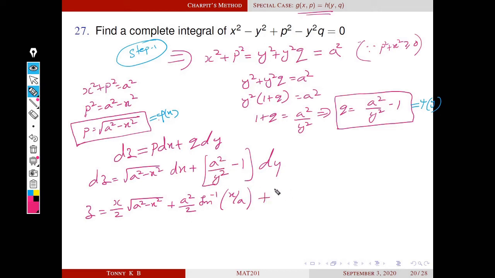And the integral of 1 is y plus a constant of integration. So this is a complete integral. This involves two arbitrary constants a and b. This is the answer.